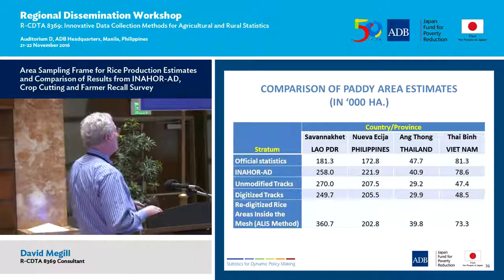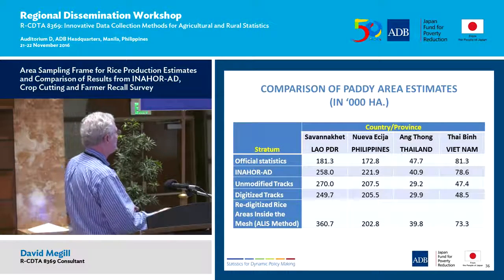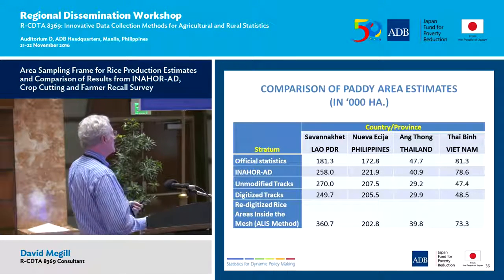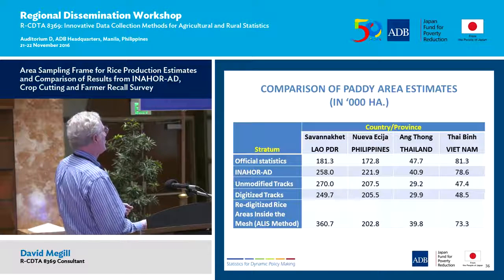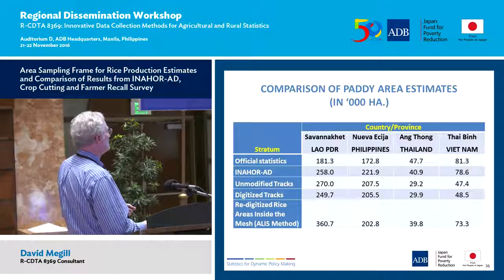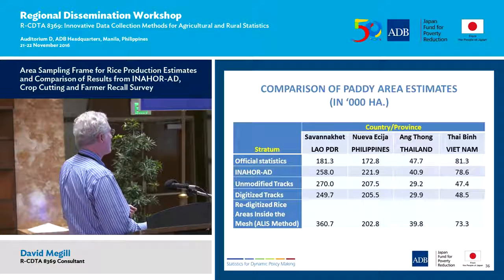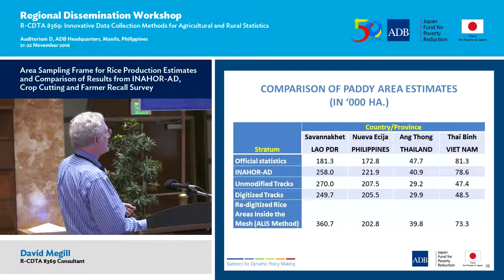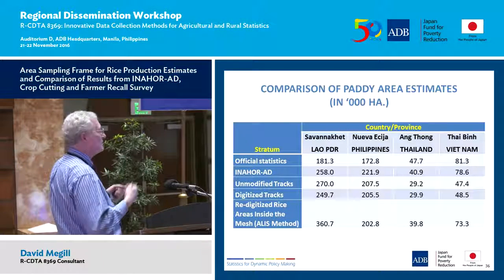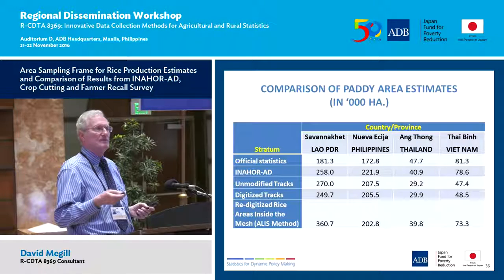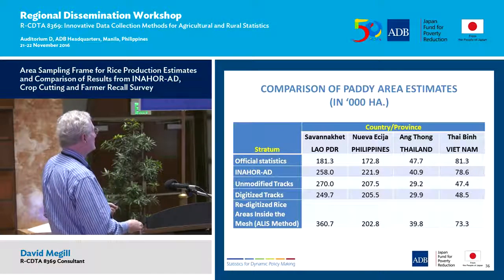Okay, now I was not involved in some of the other estimates, but this compares the different types of estimates for each of the 4 provinces, okay? And so you can take a look at these results. And in the reports, there's going to be some explanation also of why we find these differences.